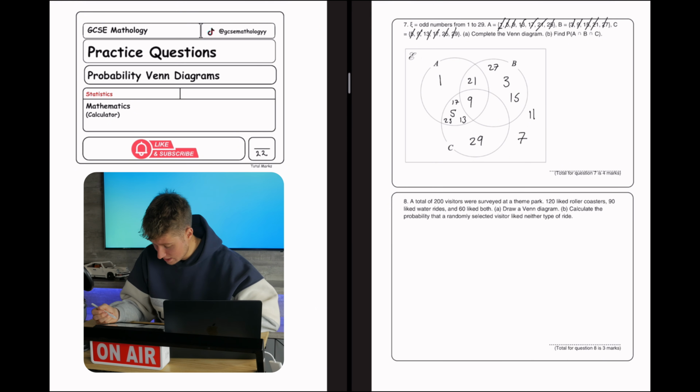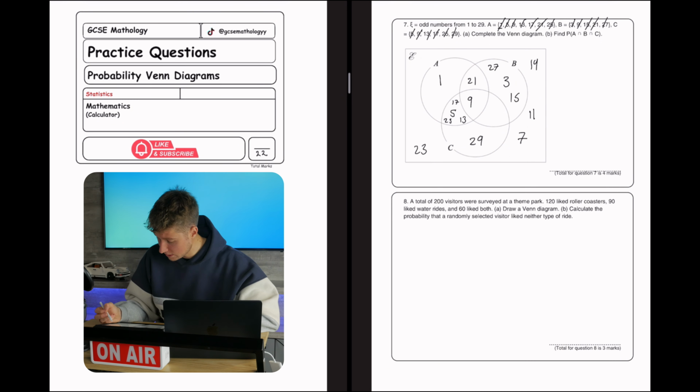The next one is 19. We don't have 19. The next one is 21. We have 21. The next one is 23. We don't have 23. The next one is 25. We have 25. We have 27. And we have 29. So that is the complete Venn diagram.